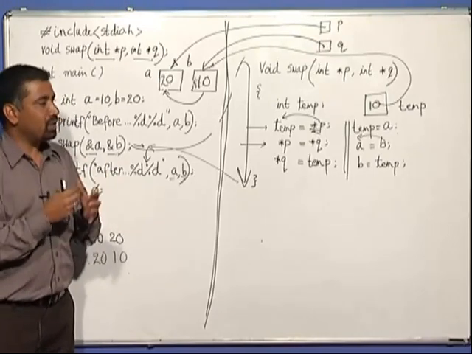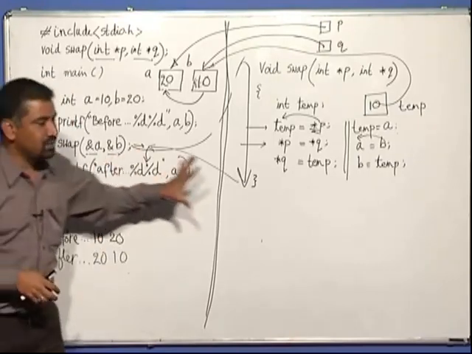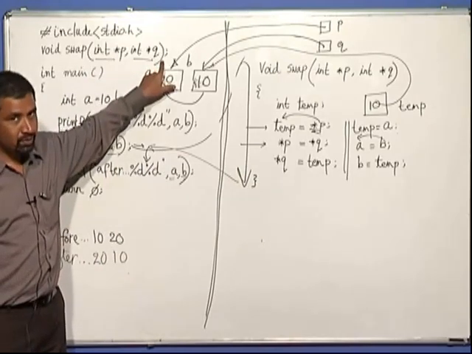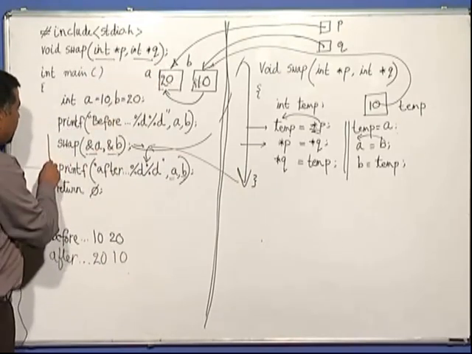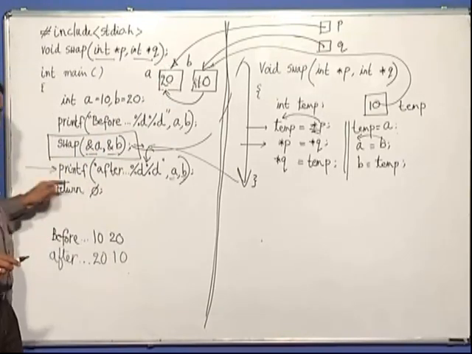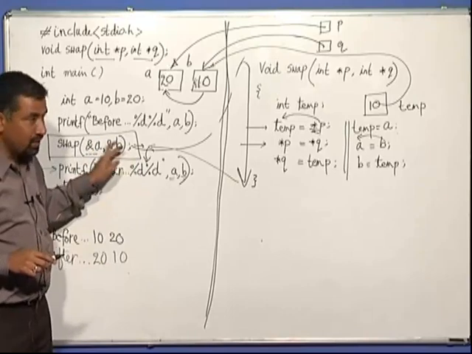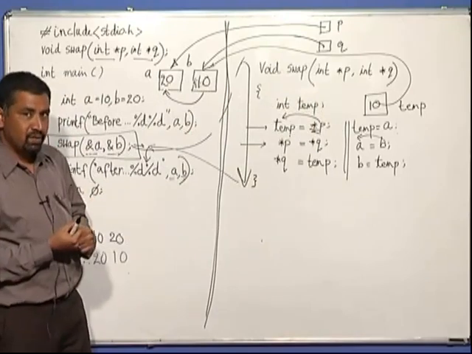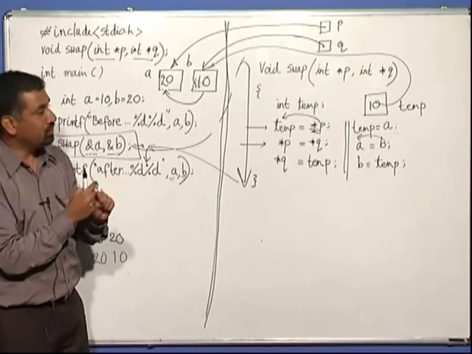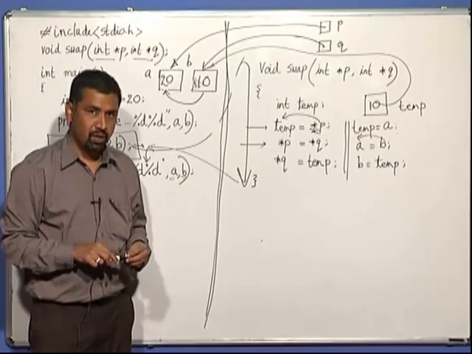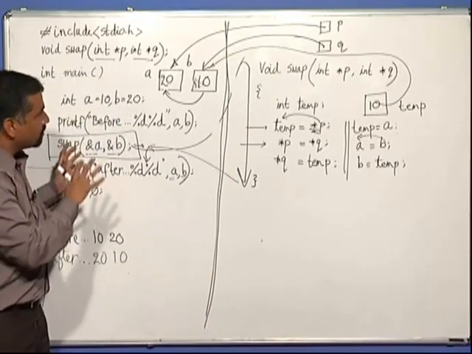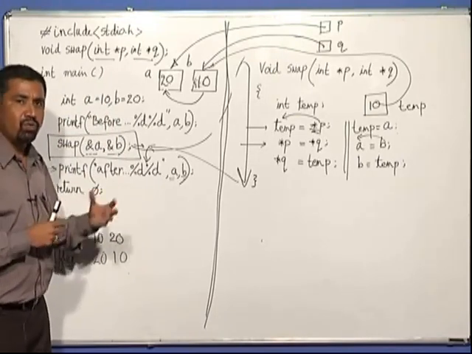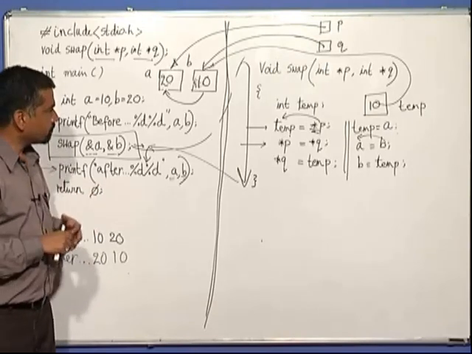So, if you can put all these things together, if you can clearly understand this very simple program, starting from the declaration of the function, starting from the main thing is the function call, see that there are address of A and address of B, and corresponding pointers are being declared there. Once received, how we actually access the original values using the dereferencing operators. So, if you can put all these things together, I am sure the basic understanding of how pointers are actually used will be clear.